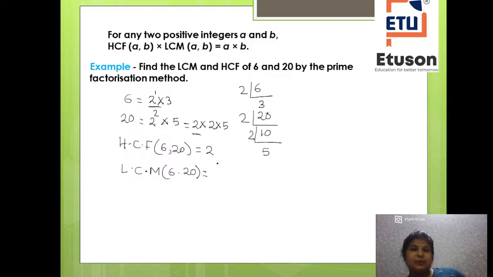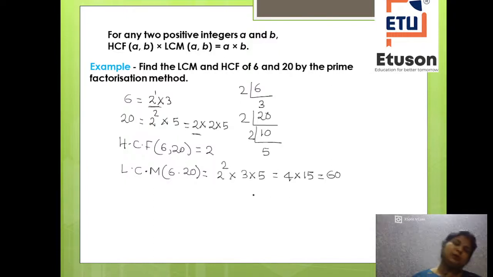The highest power of the number is, so you have 2 square into 3 into 5. So the answer is 2 square is 4 into 15, that is equal to 60.